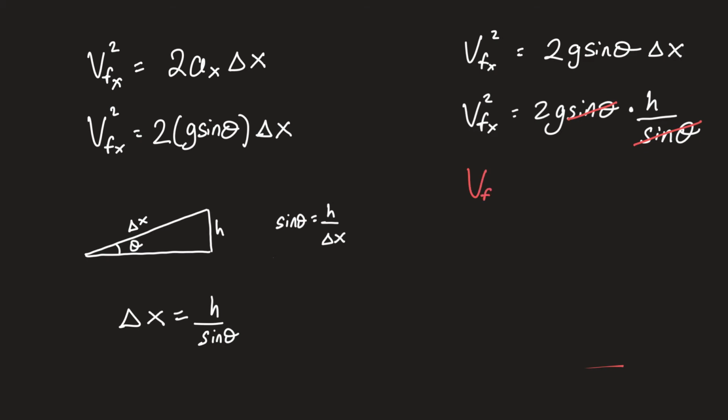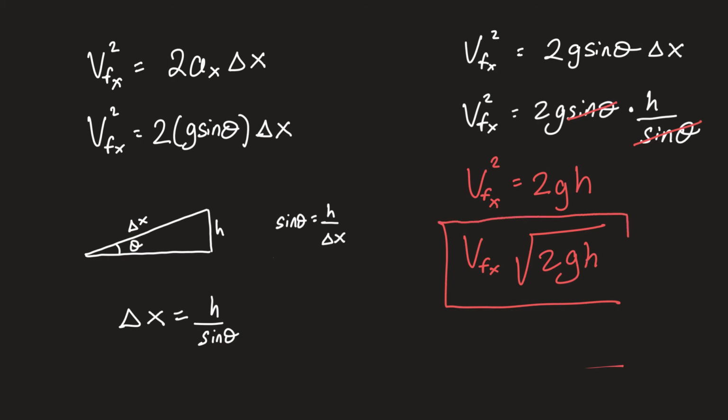Whatever, I'll just write it in red. The final velocity squared in the x direction is 2gh, incredibly. And now let's take our square root, and we get that the final velocity in the x direction is the square root of 2gh. We'll put a box around that, and we'll make a note that we used kinematics and forces, specifically the analysis of the inclined plane, to produce something that is incredible.